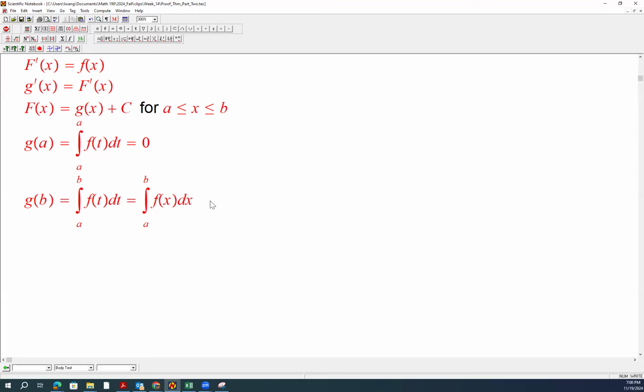And now we're going to do this. Capital F, plug in b, subtracting capital F substituted by a. From this relationship, what do we get?